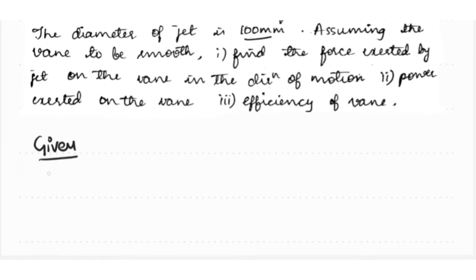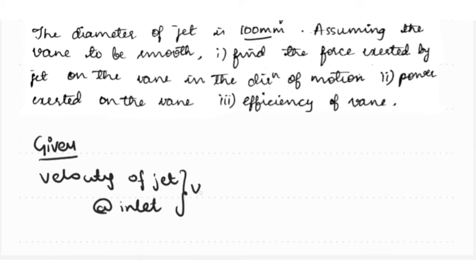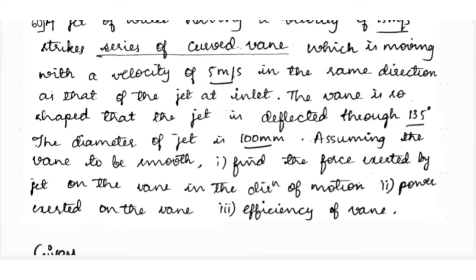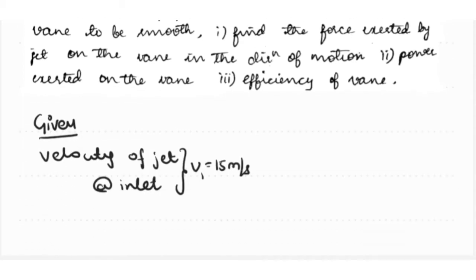Given at the beginning, velocity of jet at inlet v1 is equal to 15 meter per second. It strikes a curved vane which is moving at the velocity of 5 meter per second.